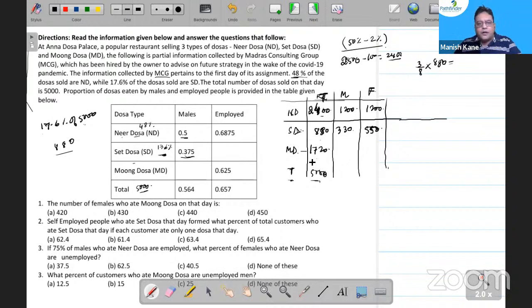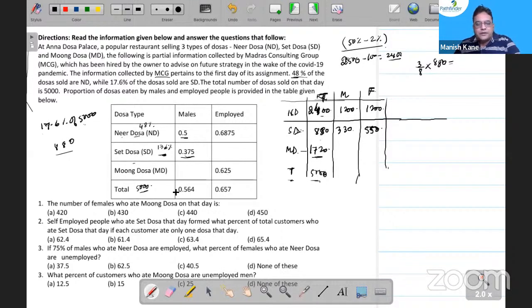What about moong dosa? Now, for moong dosa, you don't know the number of males who have eaten it; you have just seen only the total number of people who have eaten moong dosa. How many men are eating this?